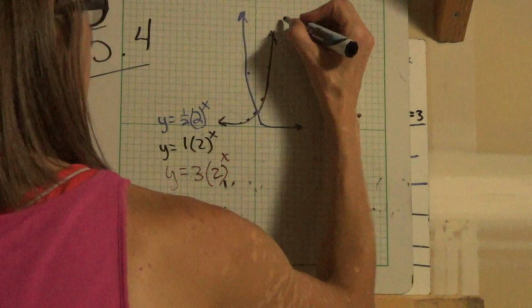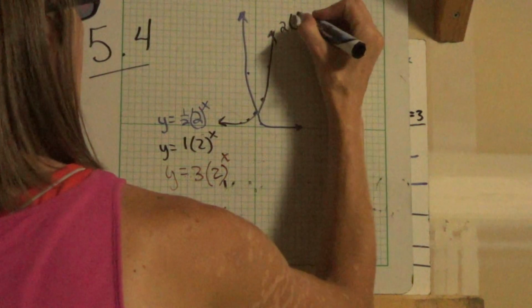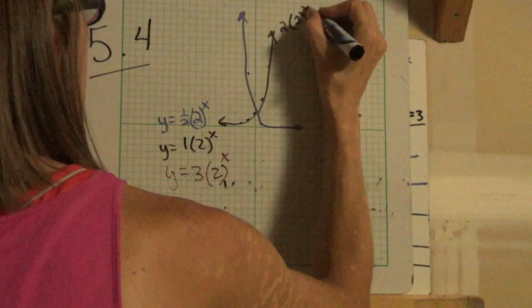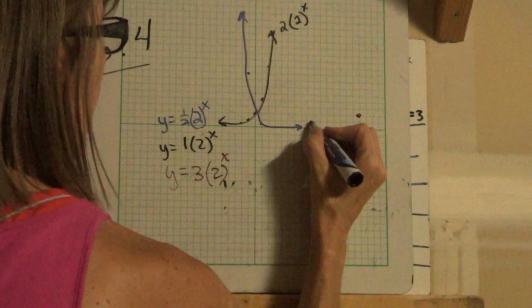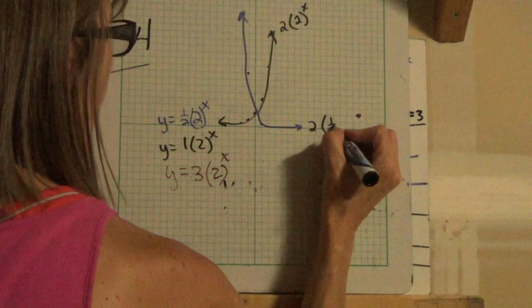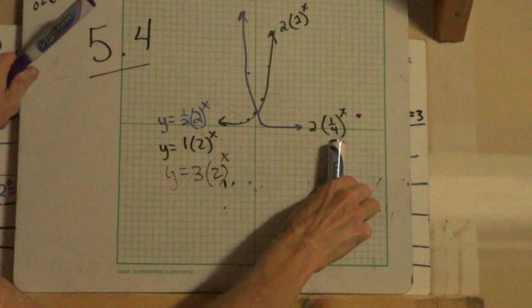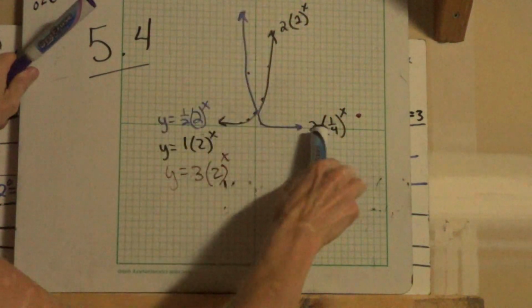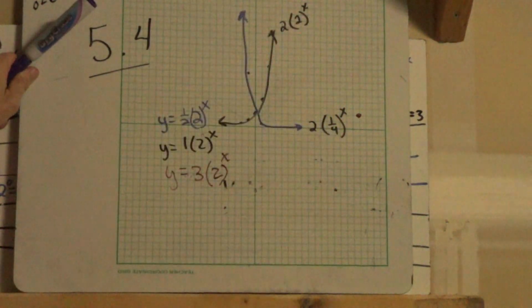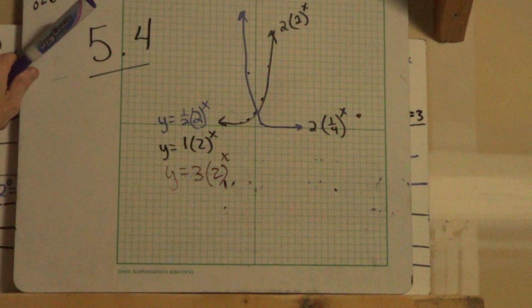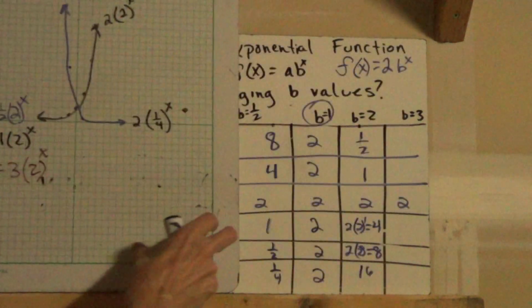So this is 2 times 2 to the x. This one is 2 times 1/4 to the x. That's what a growth rate does. This isn't a growth rate, is it? I hope you're saying that's a decay rate. Come to class ready to play with these.